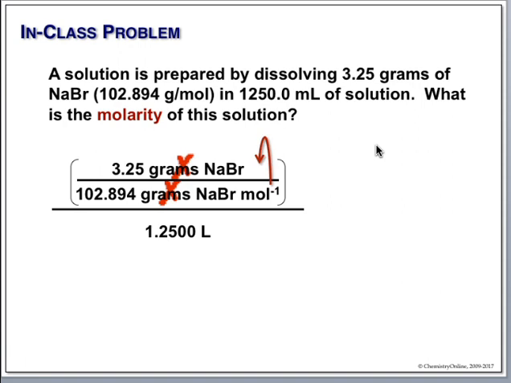So the way you would do this on your calculator, always want to know that: 3.25 divided by 102 divided by 1.25. And you should get 0.0253 moles from our numerator, liters from the denominator.